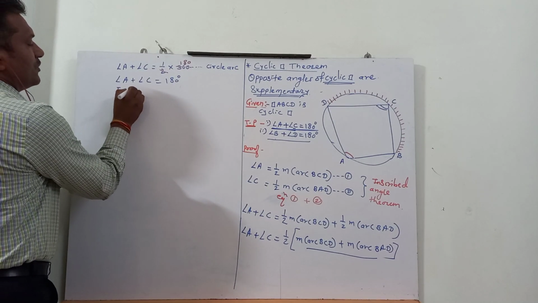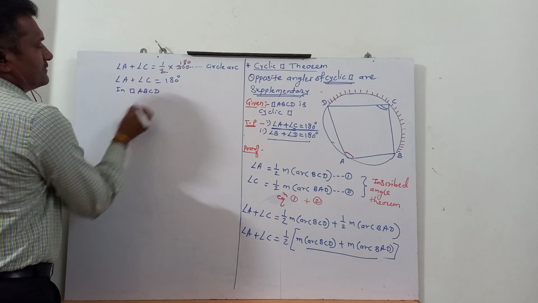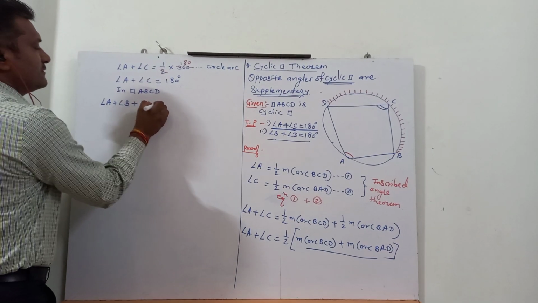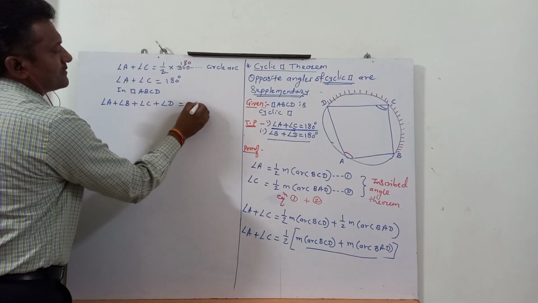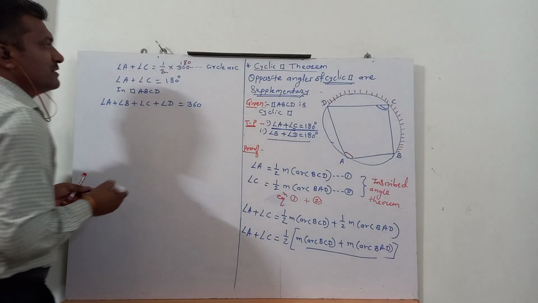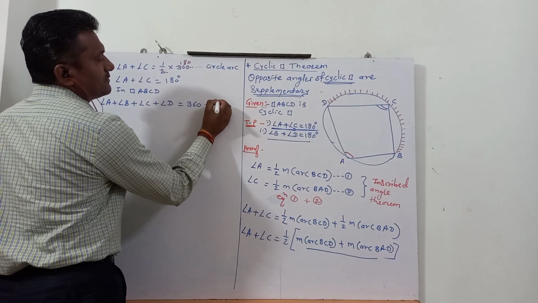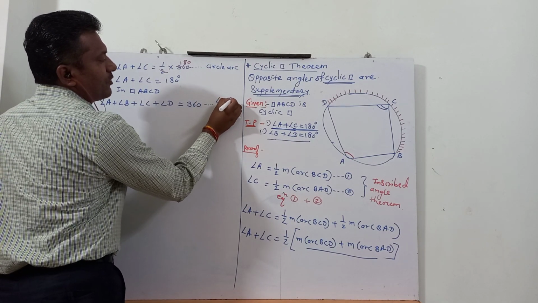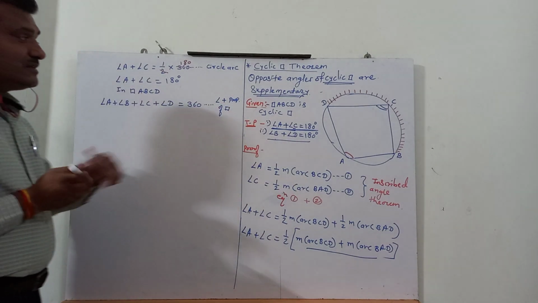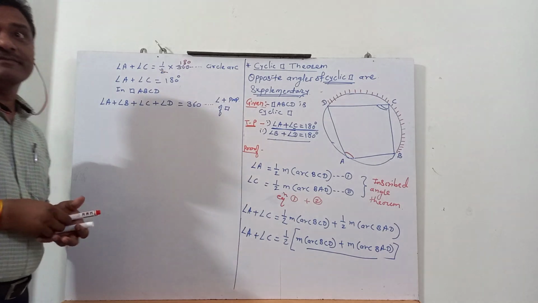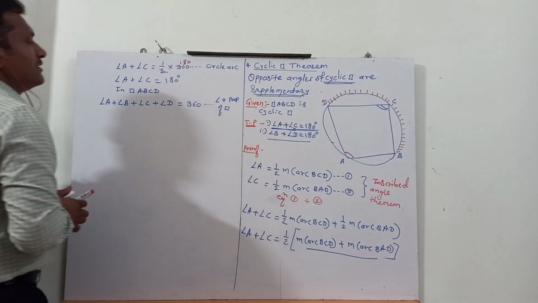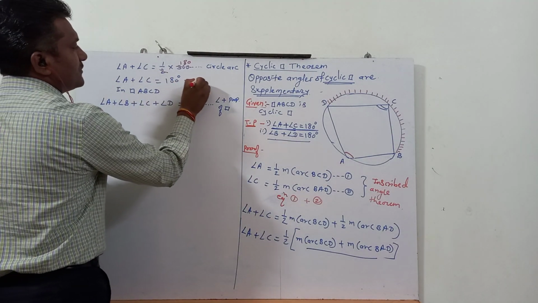So again in quadrilateral ABCD, what do we know about the sum of all angles of quadrilateral ABCD? How much is it? 360 degrees. The sum of the measures of all angles of a quadrilateral is 360. What is the reason for that? Angle sum property of a quadrilateral. Now I am using short forms, you please don't use them. You write down the full statement for that.